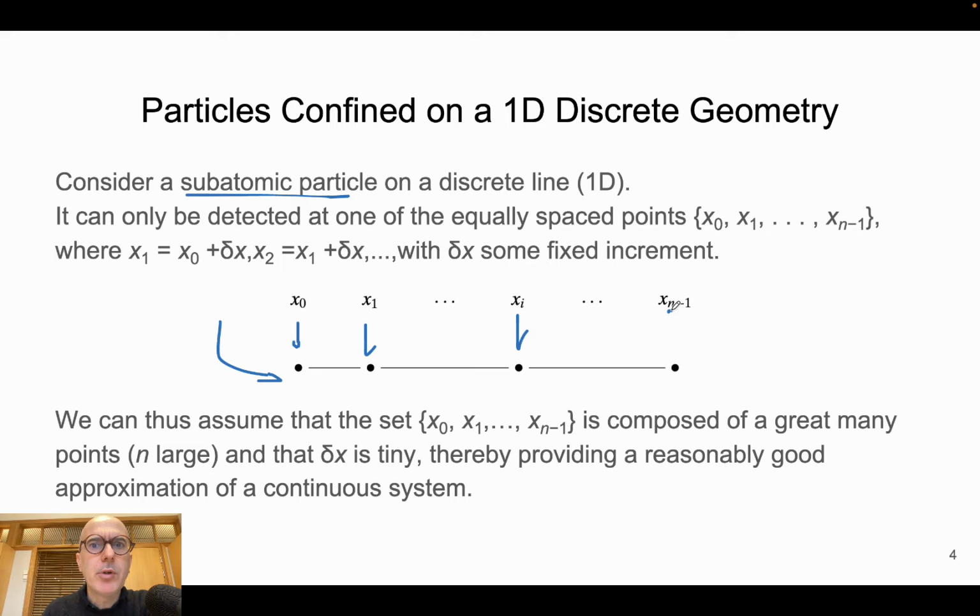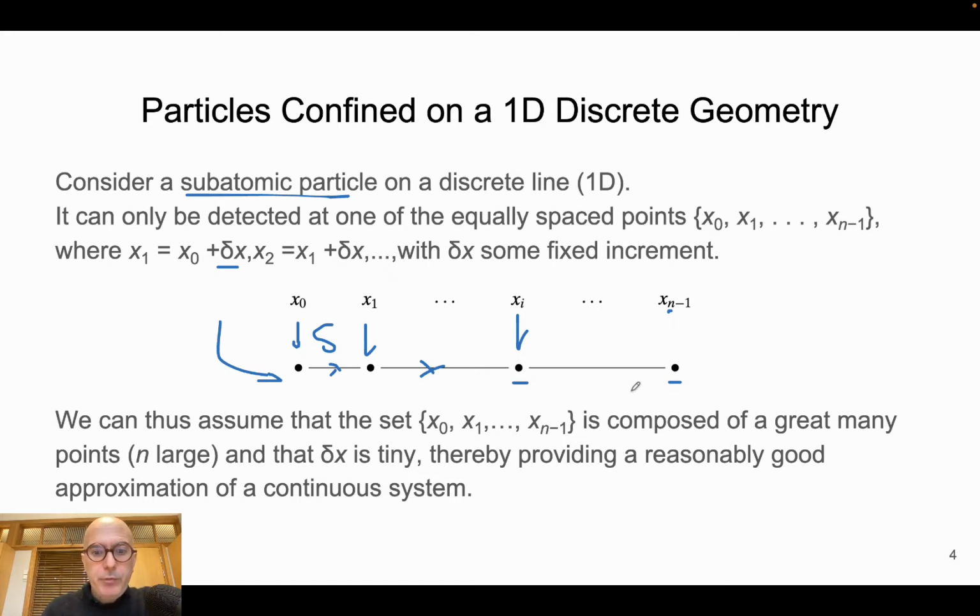That means our particle can be in one of these n states. So the space is divided in a discontinuous manner. There is a grid spacing, dx, and the particle can be found only on these particular points. We cannot find it in the middle, but only on these discrete points, and this is because the particle obeys the quantum mechanics rules.